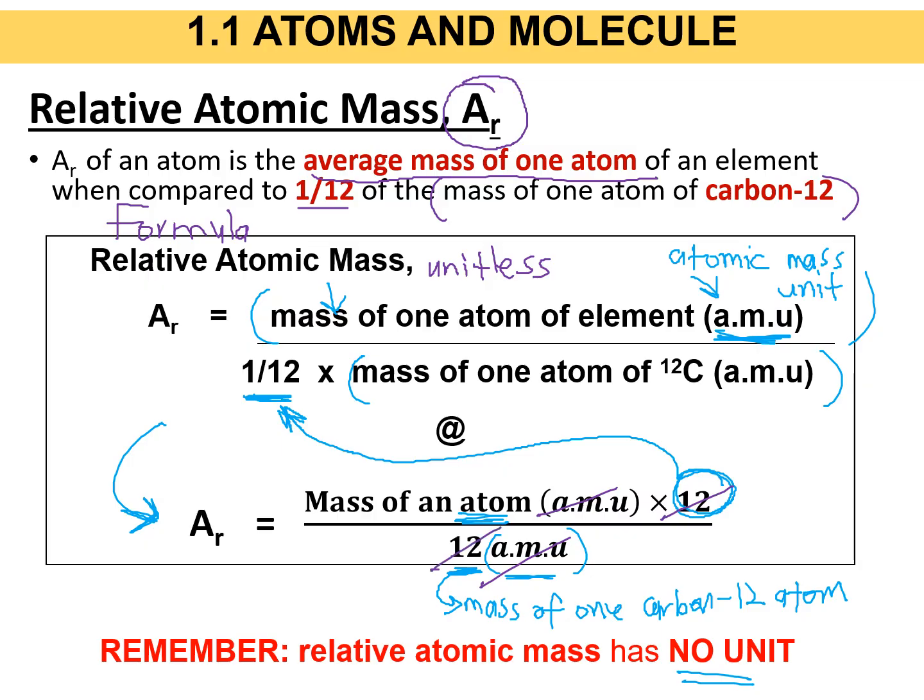I know that for some, because you already know the mass of an atom of an element, you just put it directly. For example, the mass of one atom of hydrogen is 1, so you write AR for hydrogen equals 1, because you already know how it works, you can just cancel.